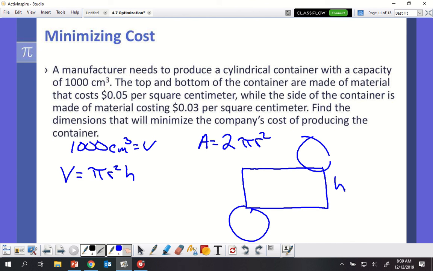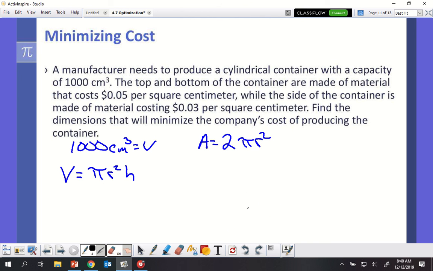But we don't want diameter, we want radius, right? So pi times 2 pi r, 2 pi r. Okay? So that's important. So plus 2 pi r h.